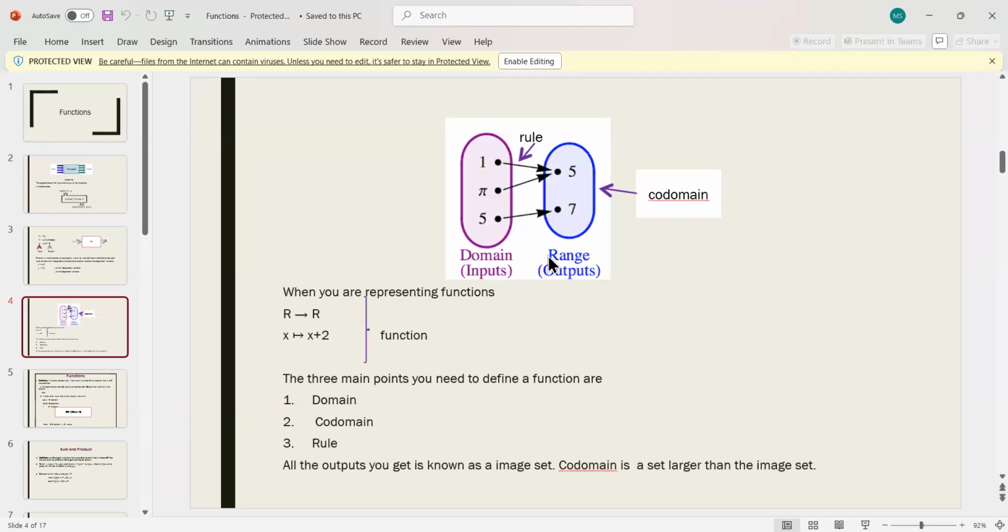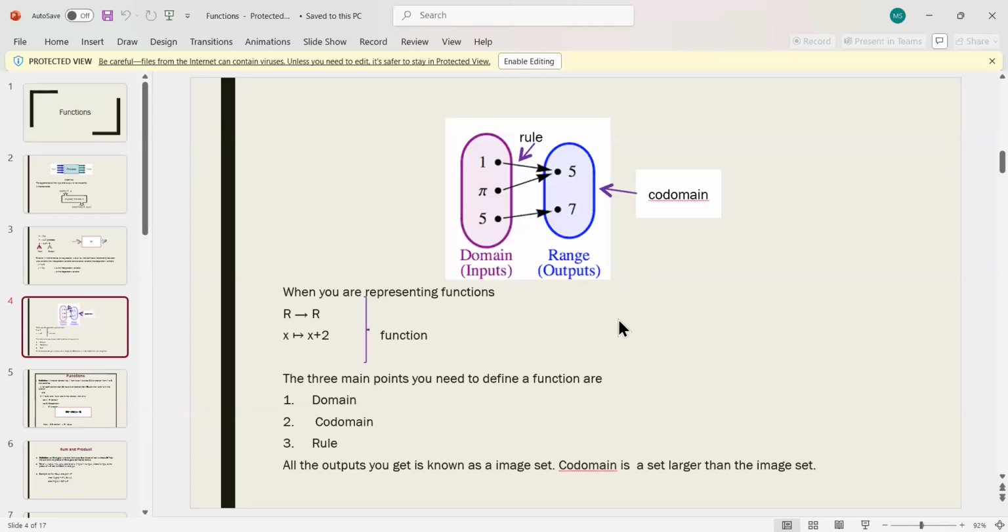But in problems, it is difficult to find the range. So what we do is we look at some values of the range, the starting point and the end point, and we define another bigger set than the range. In that, you get the range as well as other values also.